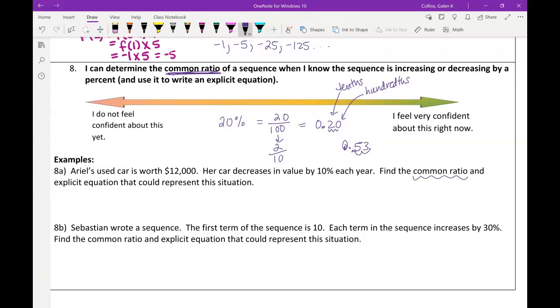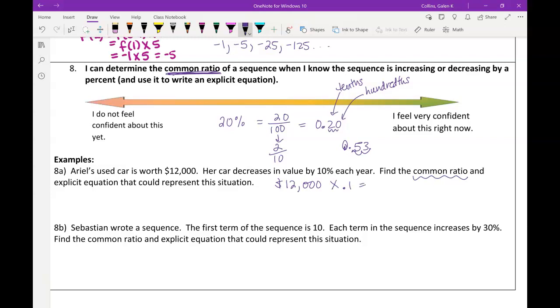If I find 10% of 12,000, that is the same as dividing 12,000 by 10, or I could multiply it by 0.10, or 0.1, which is the same as 10/100ths.